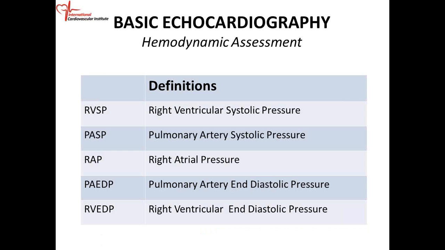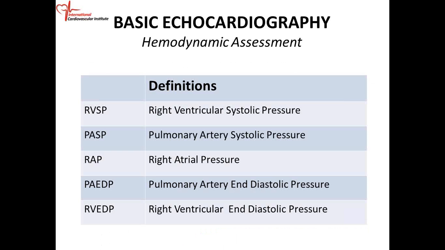So if the echo is not done properly, do not use it. It's extremely important that the echo is done properly. It's extremely important that you know what you're doing, not just putting the probe and getting a number. That's dangerous. You have to know what you're doing because of the angle.